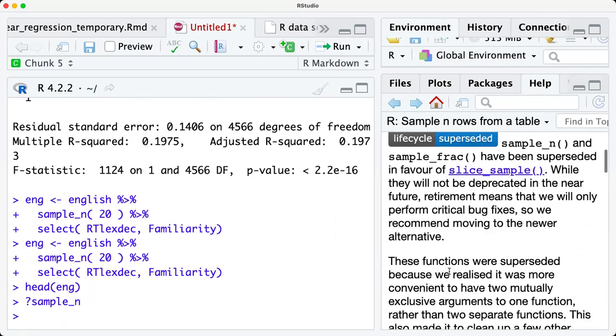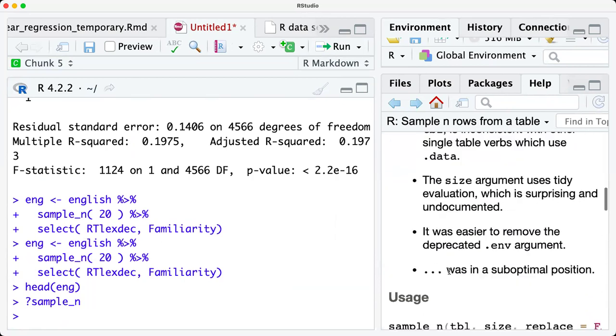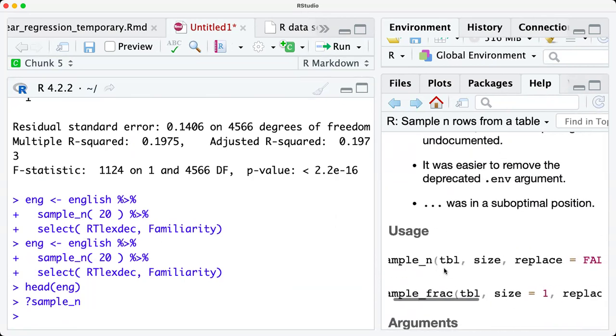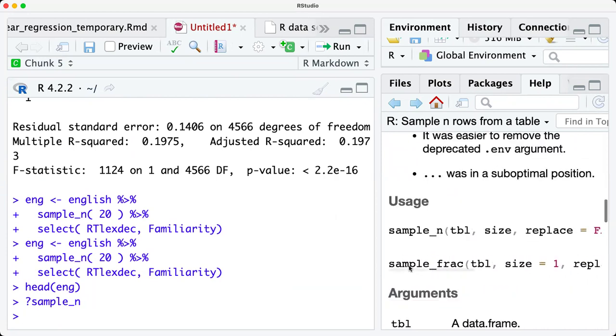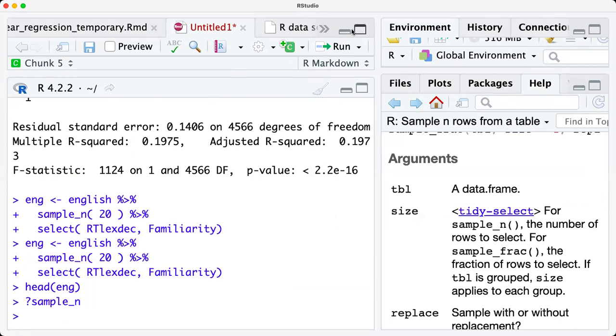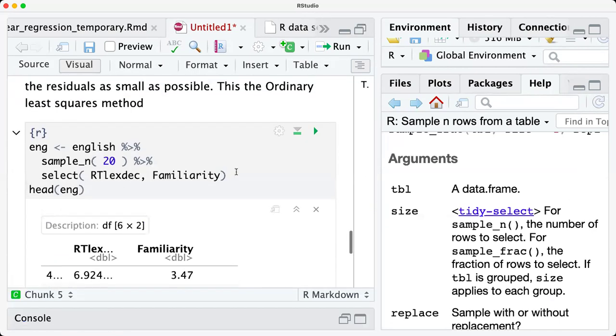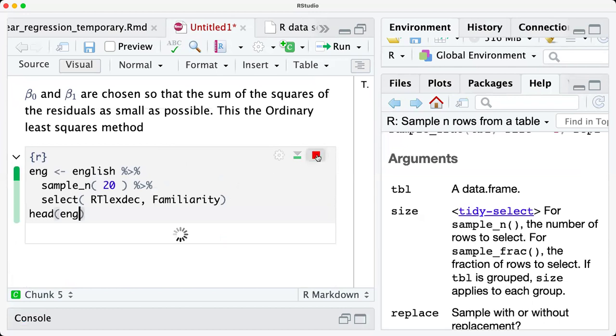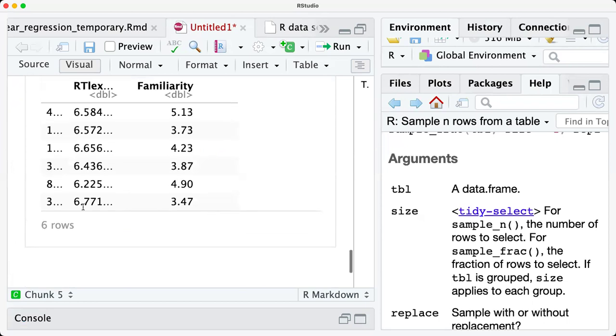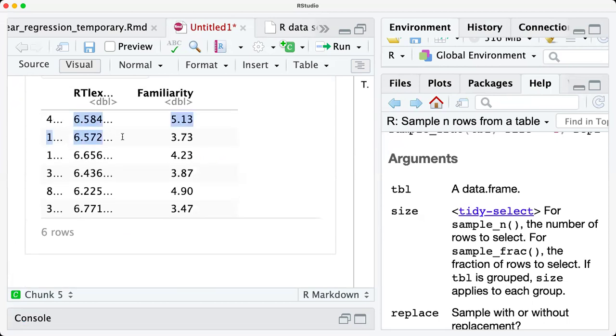So it should be correct. I don't know why. Do you have any idea why it simply has 6 rows?